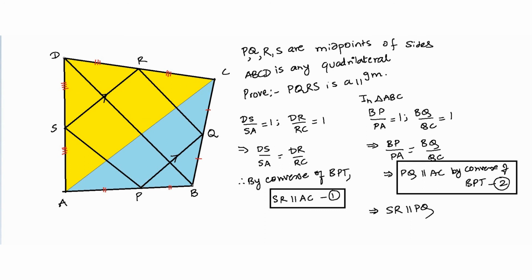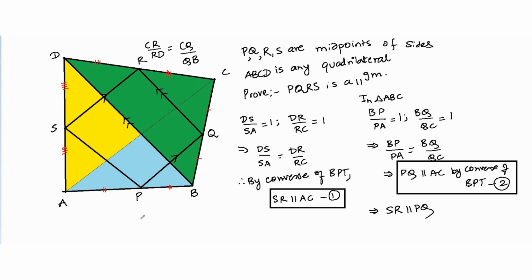Now again I can consider some triangles here, right? I could consider triangle BDC. In BDC you notice that CR upon RD is equal to 1. So I get CR upon RD is equal to CQ upon QB, which again means that RQ is parallel to BD.